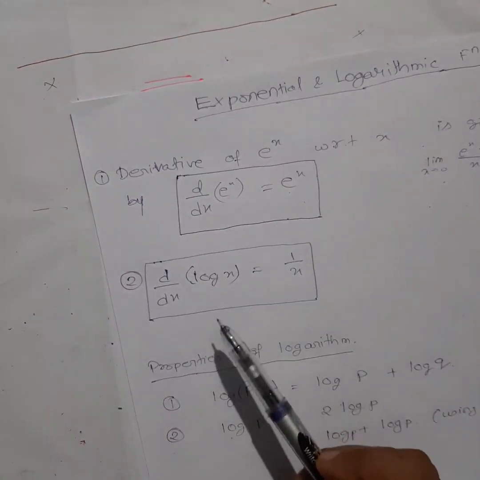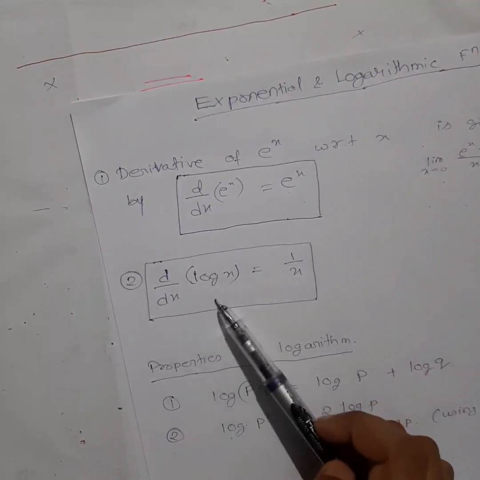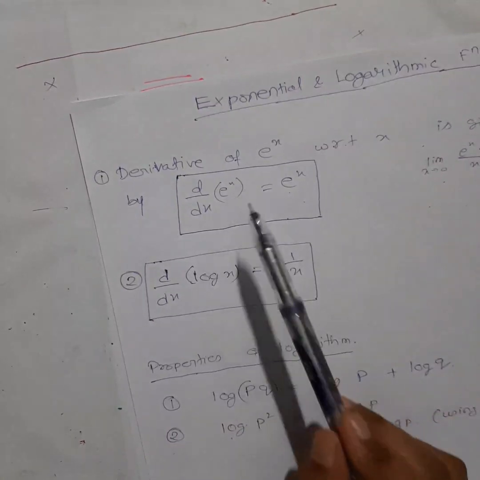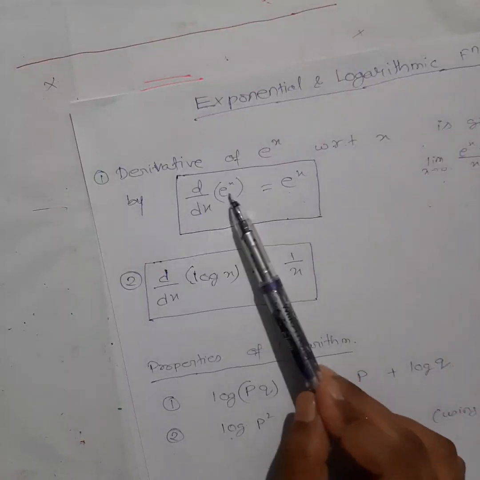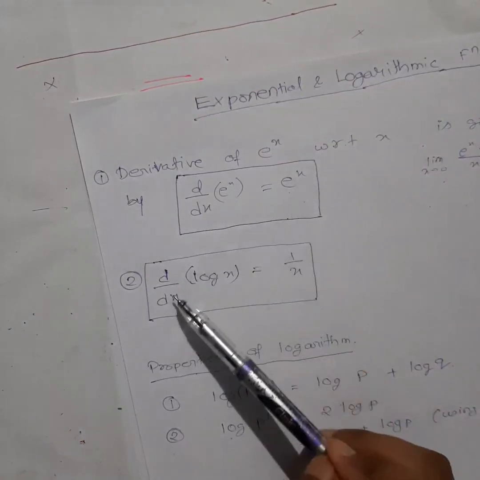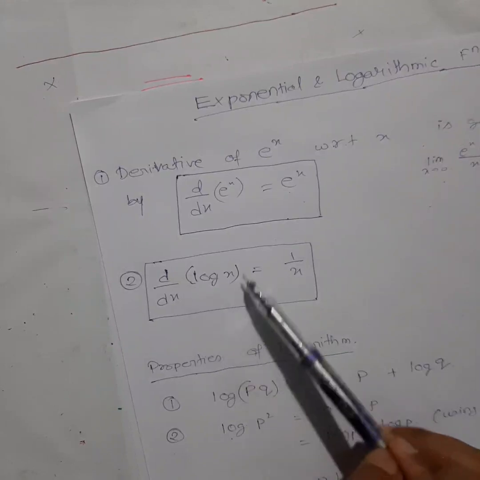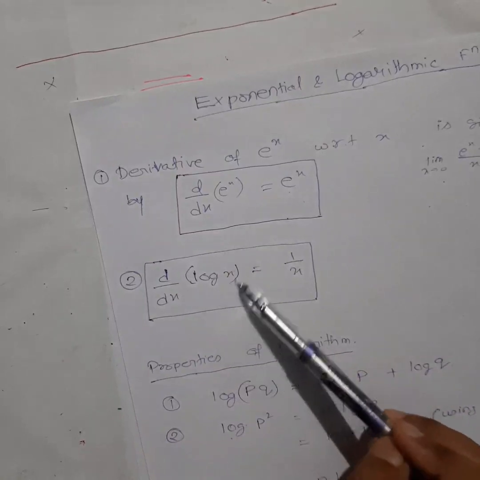We will discuss more on log afterwards. For the time being, we will just discuss these two first, and your exercise 5.4 is based only on this derivative. So derivative of e^x is e^x, derivative of log x is 1 by x. Then what kind of derivative will we have if we have a different kind of function in place of x?